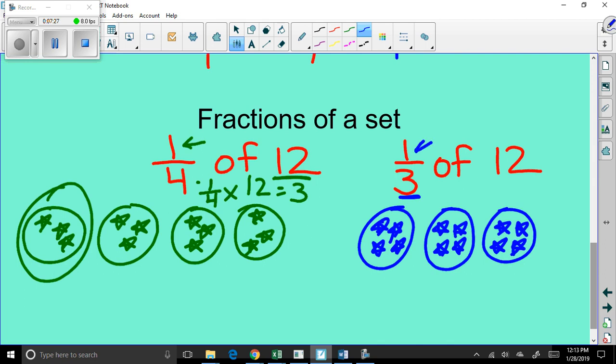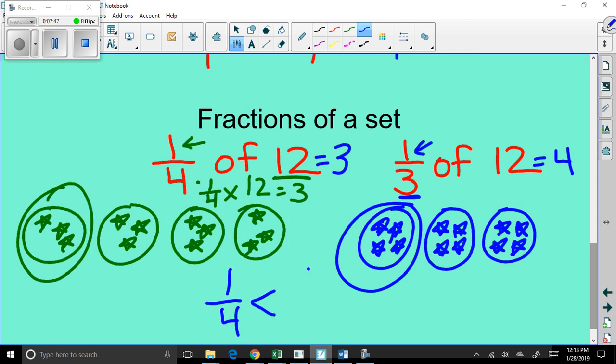The top number tells me that I'm looking at 1 group out of all 3 groups. So when I look at 1 group, I can see there are 4 in the group. So again, even if we're comparing, we can see that 1/4 of 12 is 3, where 1/3 of 12 is 4. So again, 1/4 is less than 1/3.